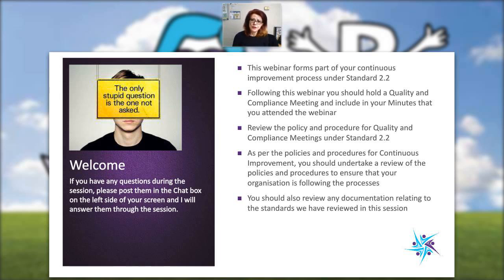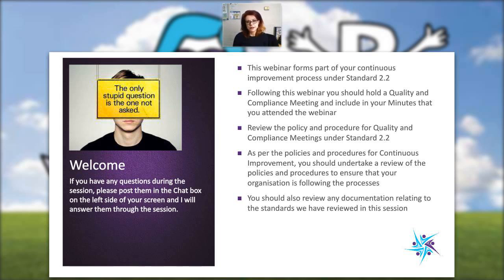You should review those policies and procedures within the manual to ensure that you are complying and following them correctly. If not, what should you be doing? Do you need to change the policy and procedure, or do you need to update it?